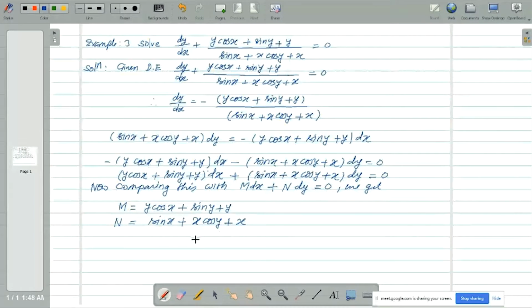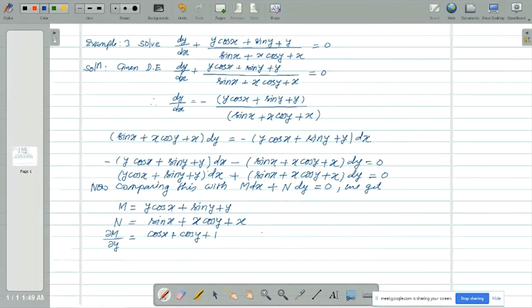Now our job is to differentiate M and N partially with respect to y and x. First, differentiating M partially with respect to y: x is constant, so this becomes cos x, the derivative of y is 1, and the derivative of sin y is cos y, so plus cos y, and the derivative of y is 1.